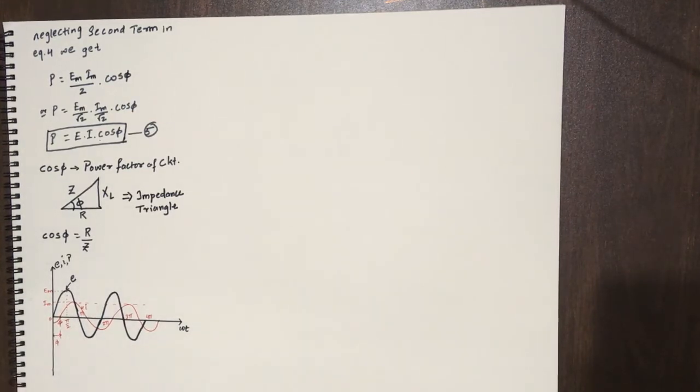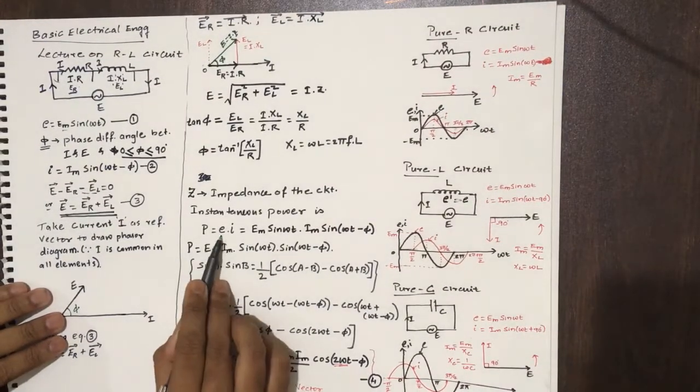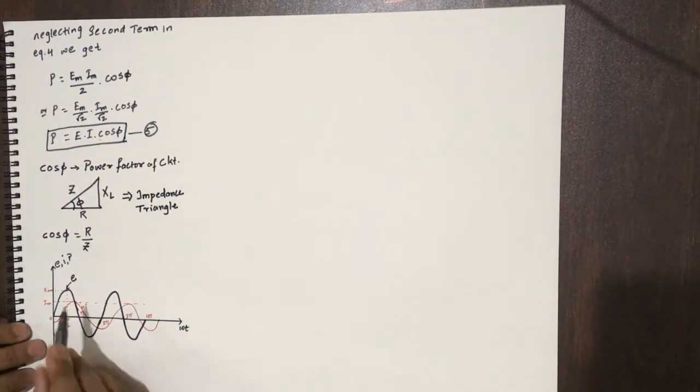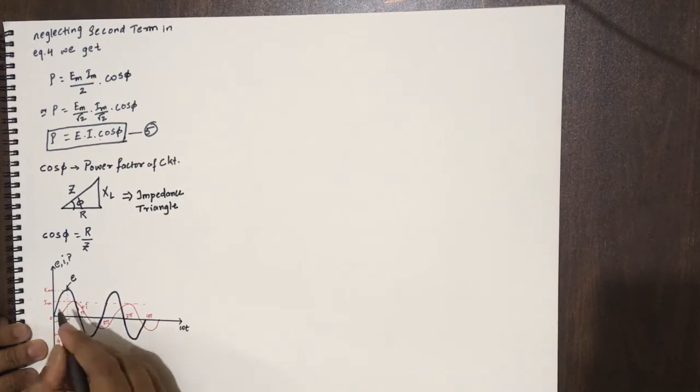Now draw the waveform for power. Simply multiply my voltage and current. P equals E into I. Multiply the instantaneous values of E and I. Now see here, for 0 to phi, my voltage is positive, current is negative, therefore my power will be negative.